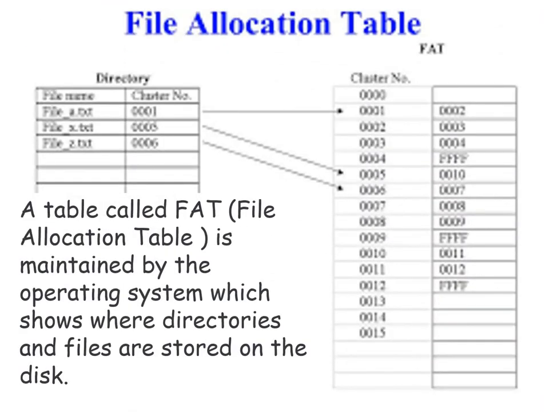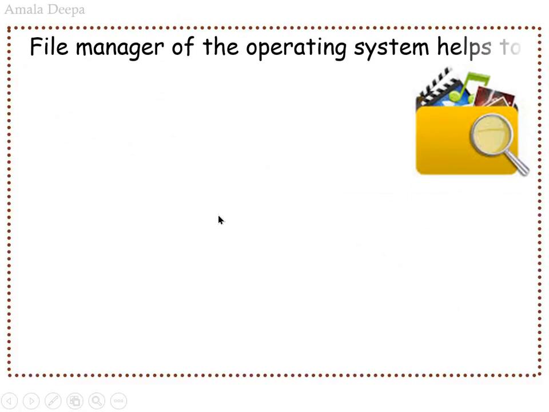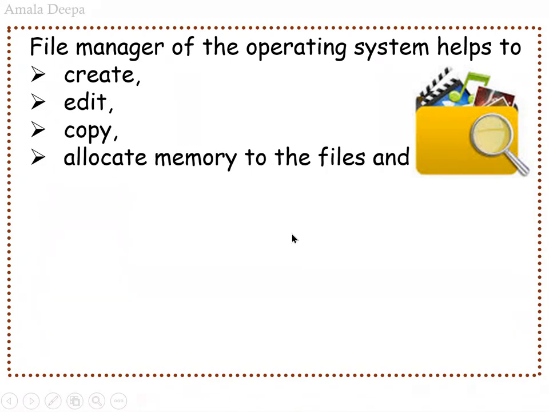A table called File Allocation Table is maintained by the operating system, which shows where directories and files are stored on the disk. File Manager of the operating system helps to create, edit, copy, allocate memory to the files, and update the file allocation table.